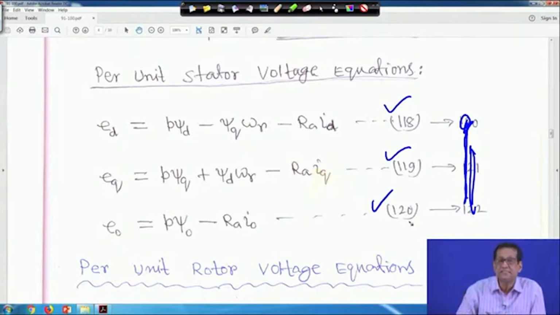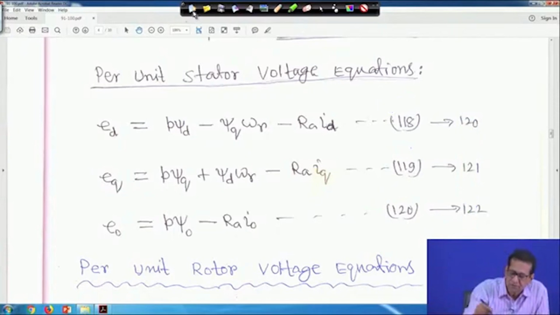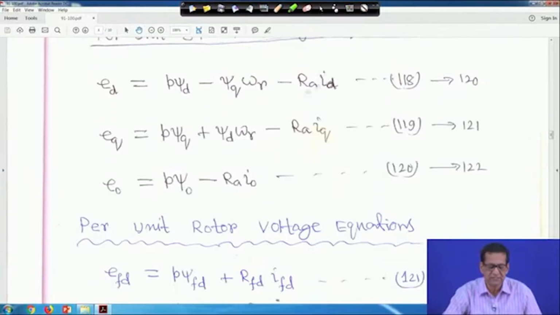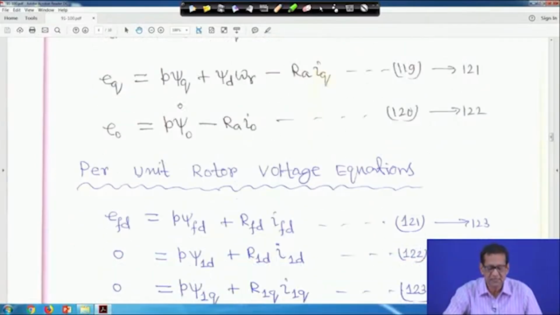So this is your per unit stator voltage equation. ED is equal to P psi D minus psi Q omega R minus RAID. This is equation 118. EQ is equal to P psi Q plus psi D omega R minus RAIQ. This is 119. And E0 is equal to P psi 0 minus RAI0. This is 120.